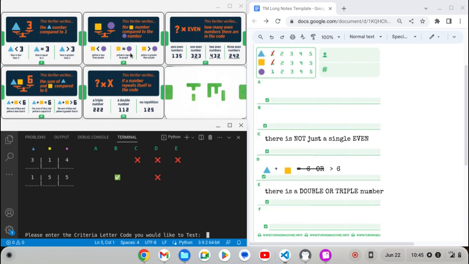Well, they're equal. I don't want to say just double number, because potentially you still could get a triple. But square and circle do equal each other, since that's what I have, 5, 5. And that's in B. So let's go ahead and say square equals circle.